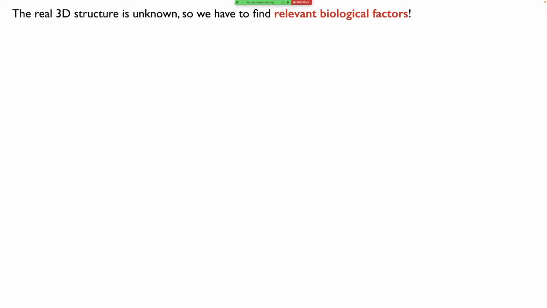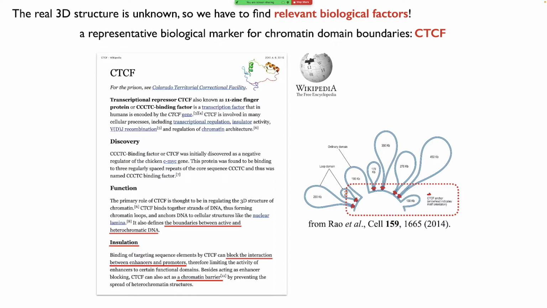And unlike the polymer model system, the real 3D structure of the chromatin interactions is of course not known, so we have to rely on some relevant biological factors for verification. The first signal is this well-known biological marker called CTCF, which is supposedly enriched near the chromatin domain boundaries.